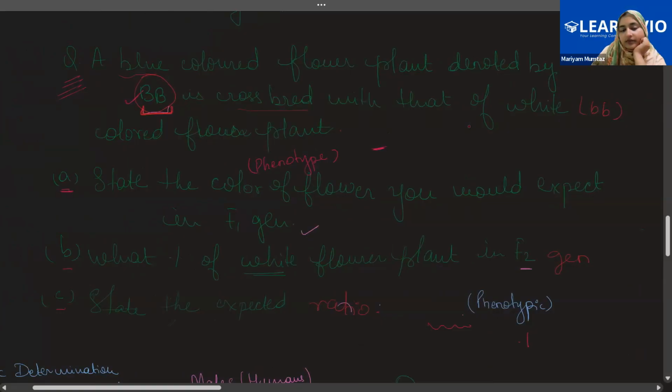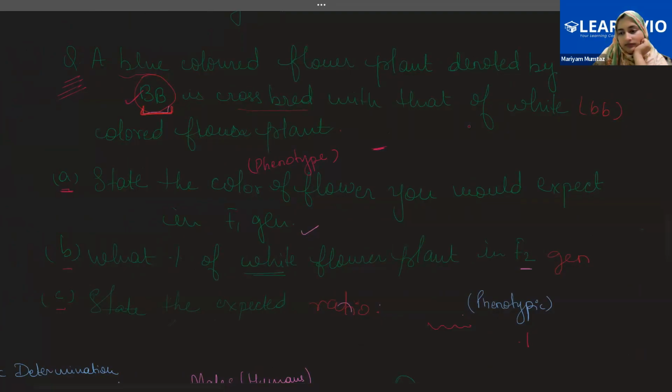Capital B, small b. Then all of them are capital B, small b. So they are all heterozygously blue. Now for the F2 generation, what do you have to do? I have to do a Punnett square. Right, but how will you get to that point?